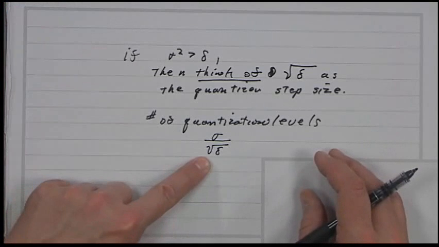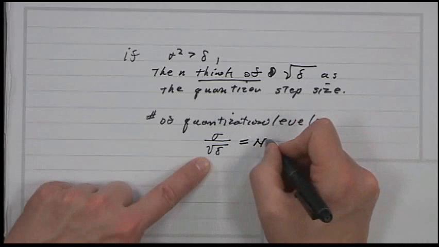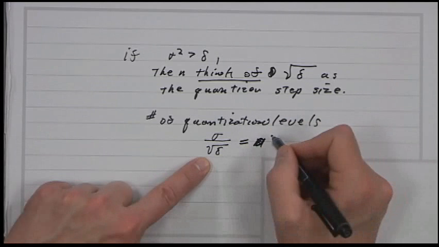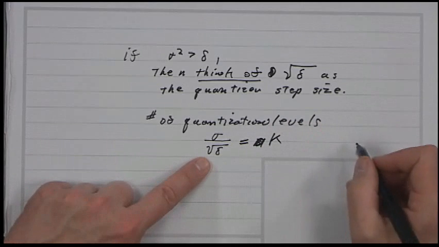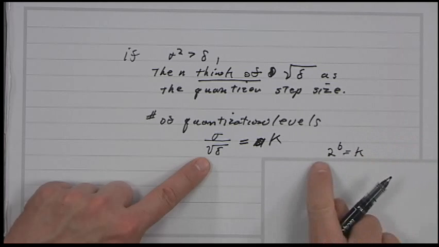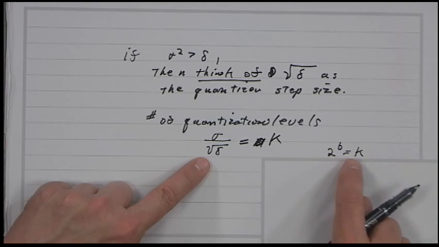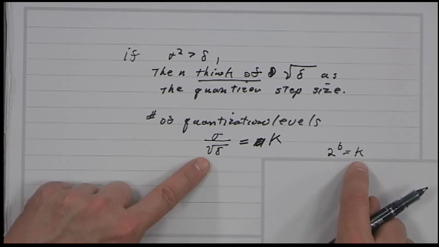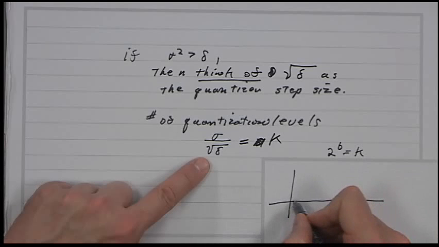Is everybody following this? Okay, I'll call the number of levels K, so we have a B-bit quantizer where 2 to the B equals K. If you have an 8-bit quantizer, how many quantization levels is it? 2 to the 8 is 256. You have 256 quantization levels. And the output of the quantizer looks like this, right?